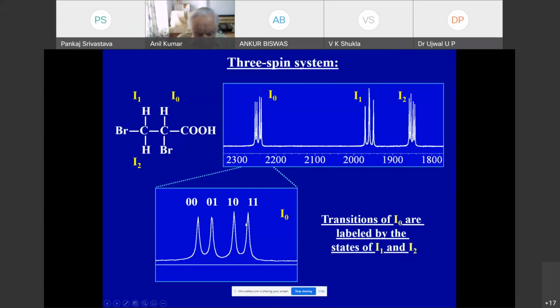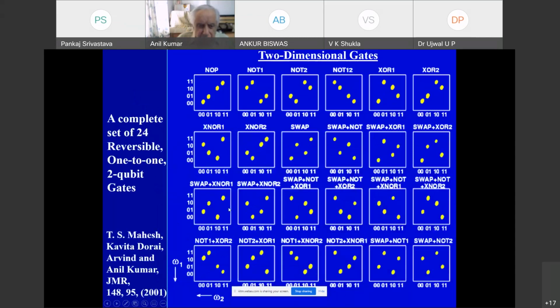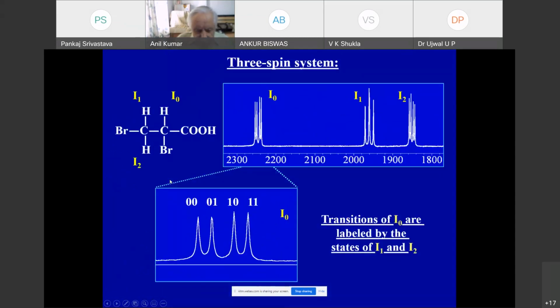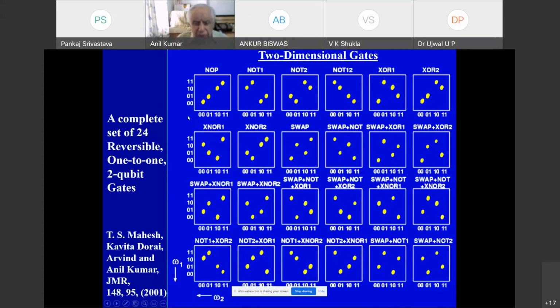So these are all this first spin's spectrum, but the transitions are labeled according to the states of the other two spins. Okay. So then, according to our protocol, you read this in the beginning and read the same thing again in the end. In between, you do some computation. And so here, you see that we get beautiful two-dimensional gates.